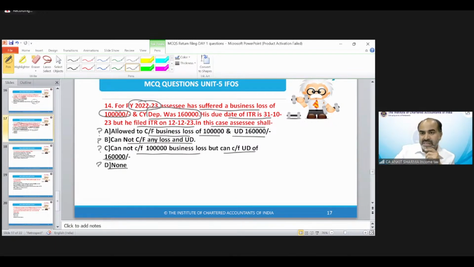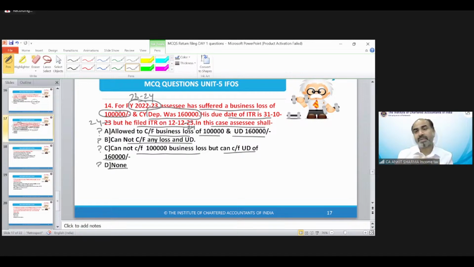Abhishek is saying C. Now, even if this is financial year 23-24, and if I change the dates to 24, the answer would remain the same. The provision says business losses cannot be carried forward and set off if the return of income has not been filed up to the due date of ROI.